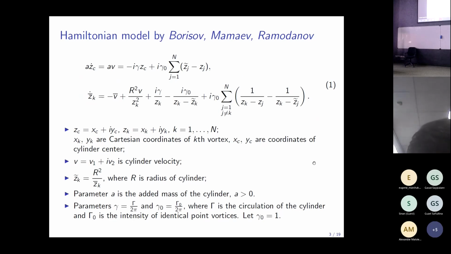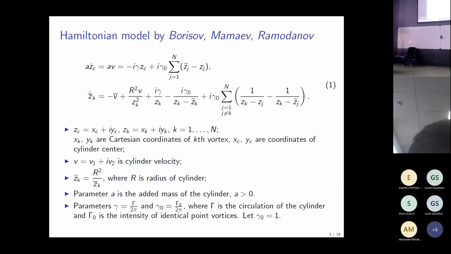The motion of a circular cylinder interacting with n identical point vortices is considered. The equations of motion are obtained by Borisov, Mamayev, Ramadanov. Here, Zc, Zk are complex variables.